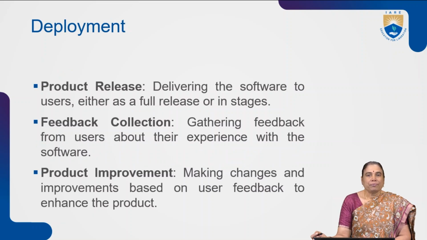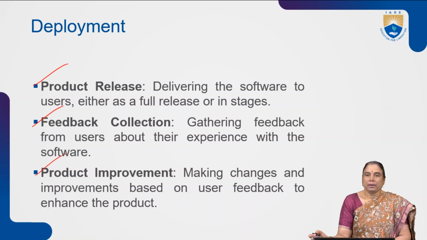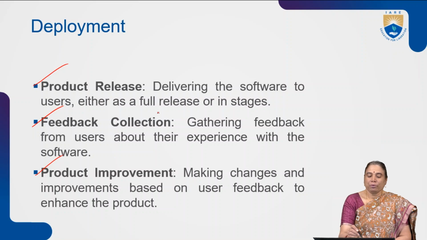The last major framework activity is the deployment. The deployment involves three activities: product release, feedback collection, product improvement. In the product release, delivering the software to the users either as a full release or in stages.